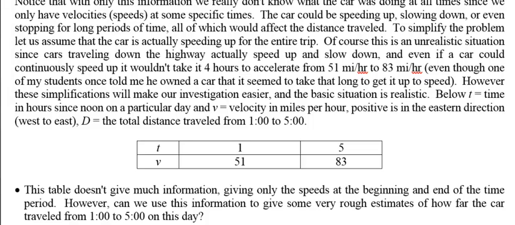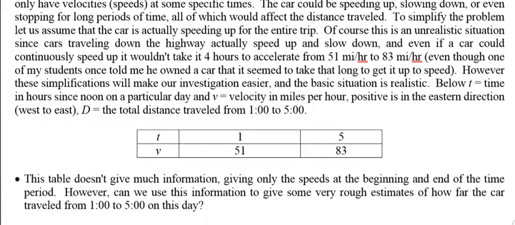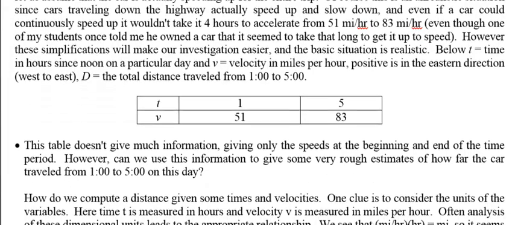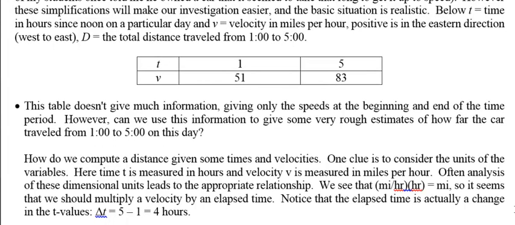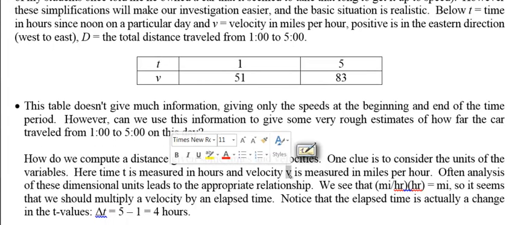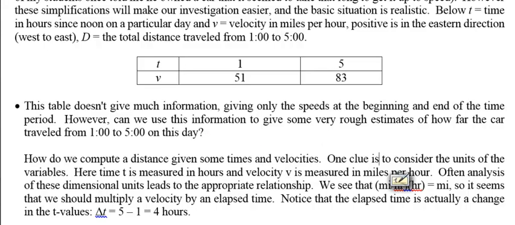Okay, well, let's think about it a minute. First thing we might do is look at the units. We will see that t is measured in hours, v is measured in miles per hour.